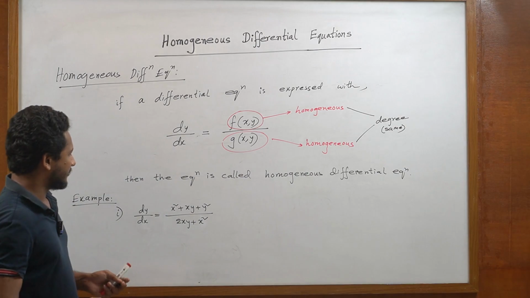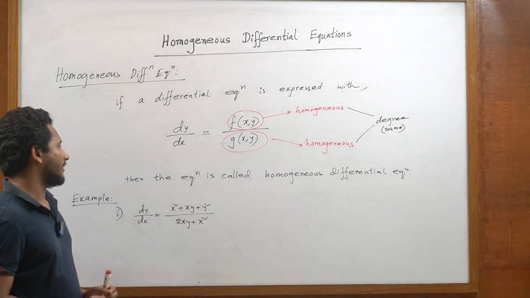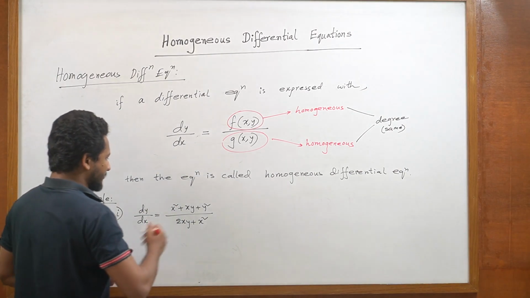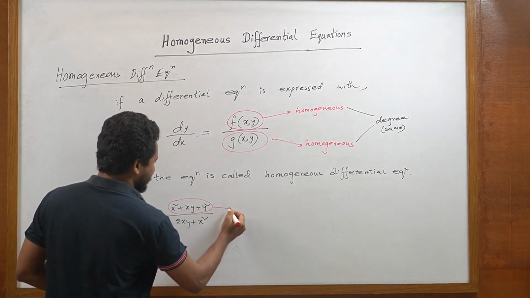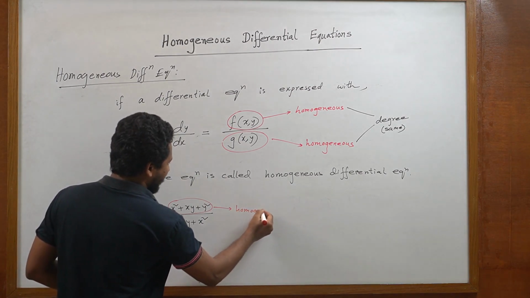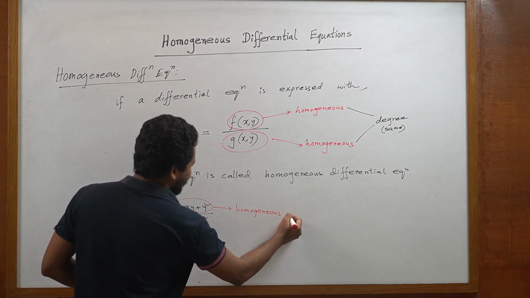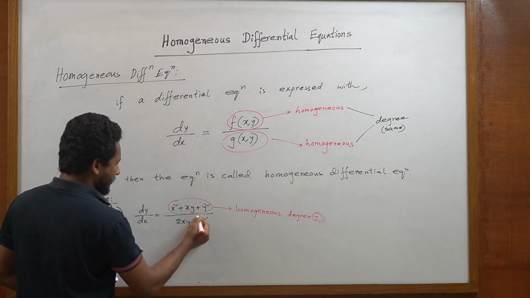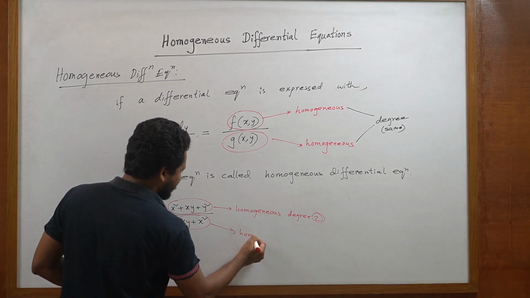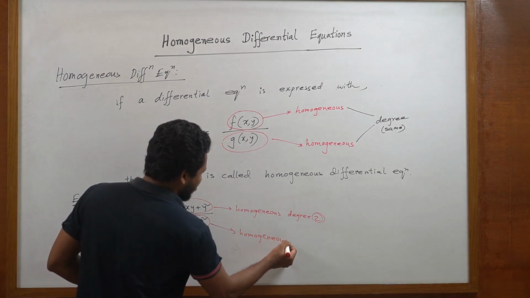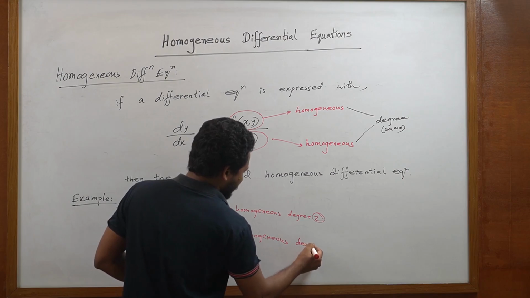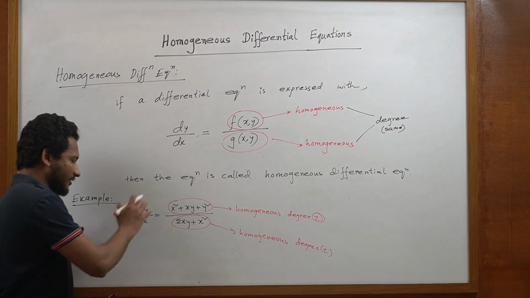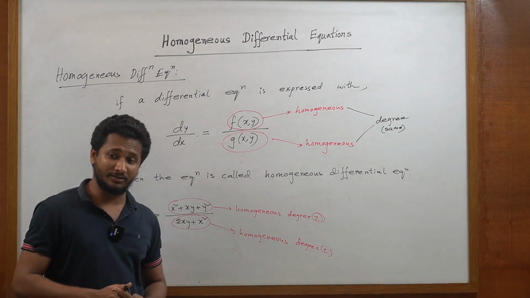So this is a homogeneous differential equation because this function is homogeneous with degree 2. This function is also homogeneous with degree 2. So this equation is a homogeneous differential equation.